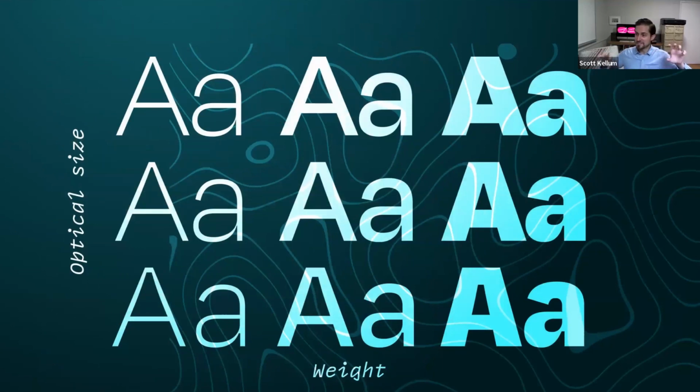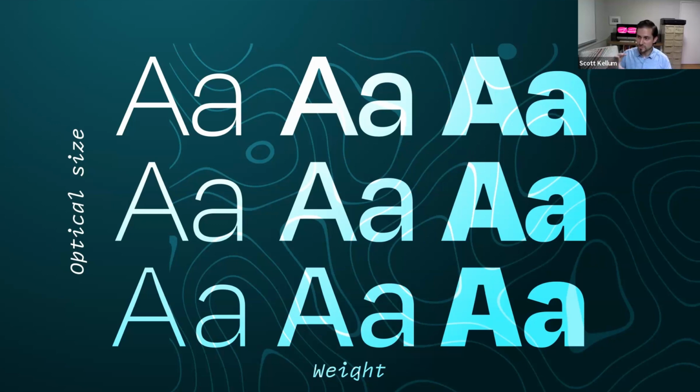And then this system that type designers create is built out for different optical sizes and weights. So this is starting to look like that diagram of the web's multidimensional website earlier. At different sizes, so at different screen sizes, you might think things get more legible for smaller areas, and then at larger sizes, you might have bigger display type.